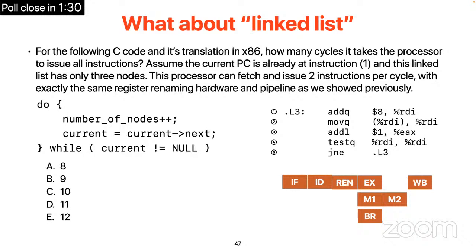Okay, before that, for this sequence of instructions, how many instructions am I going to execute? 3 instructions, I guess. It depends on the size of the linked list, right? Right, and what's the linked list size? 3 nodes, so it will be around 9. Why 9?